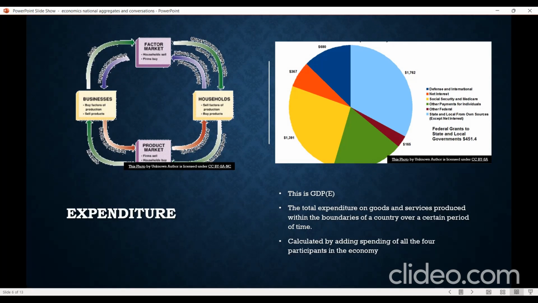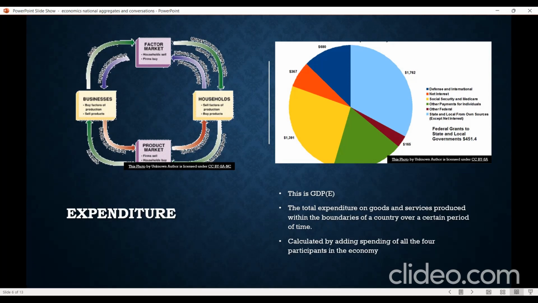Using the expenditure method, we calculate the spending of all our participants in the economy. We talk of households. We add the sum of all the spending of households, we add the sum of all the spending of our businesses, we also add our government, which is the public sector, and we also include the foreign sector.